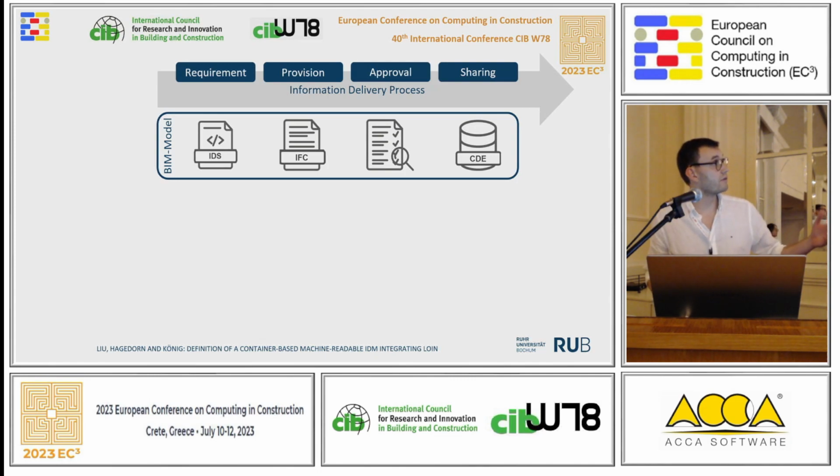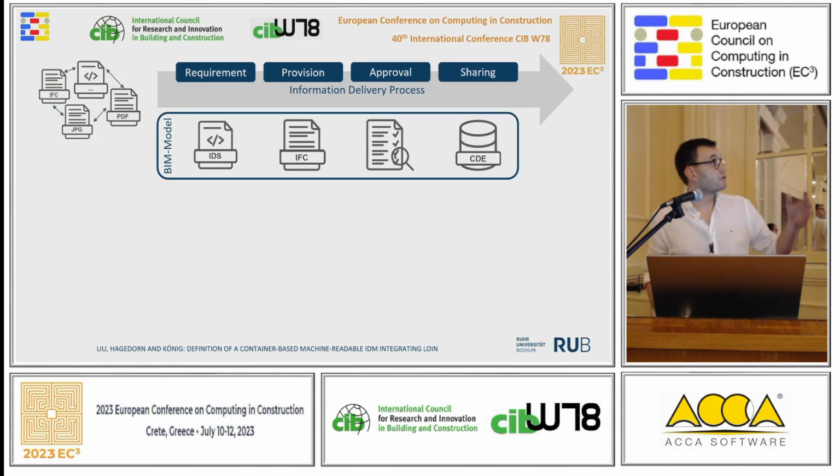Then in the next step we have the provision of the IFC file, and based on the IDS we can check whether the requirements are met that were defined in the first place. The sharing process is usually done using common data environments which all the stakeholders then have access to.